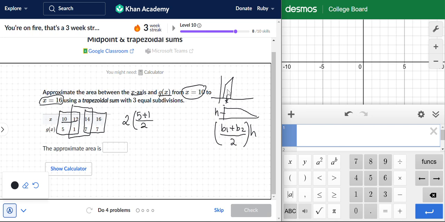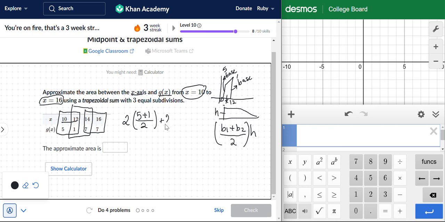And so this over here would represent the base, and this would represent the other base. So here, pretend like this is 10 and this is 12. So then this would be 5 and this would be 1, even though the heights don't correspond like that. Anyways, I hope you get what I'm trying to say here.